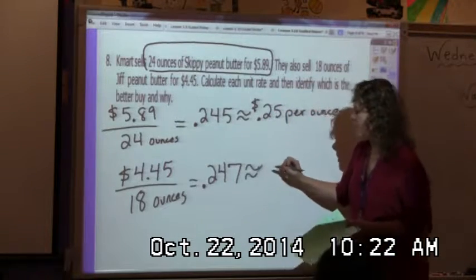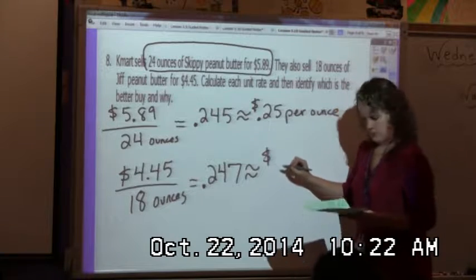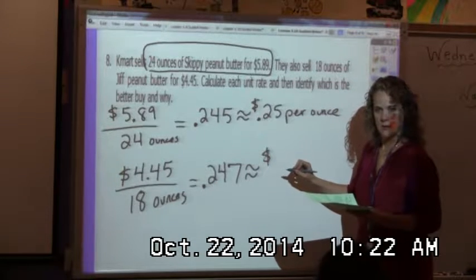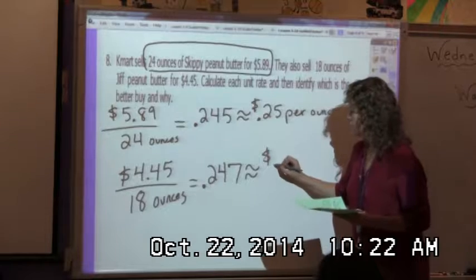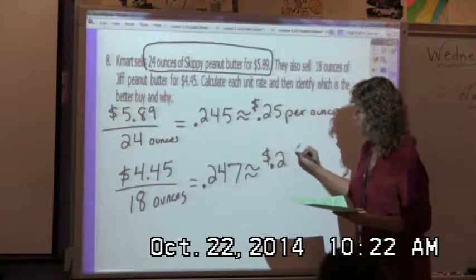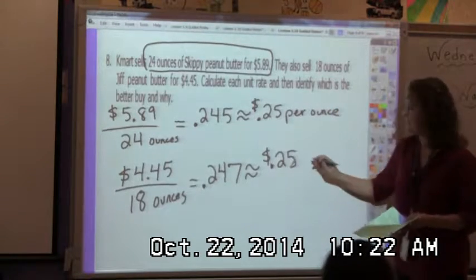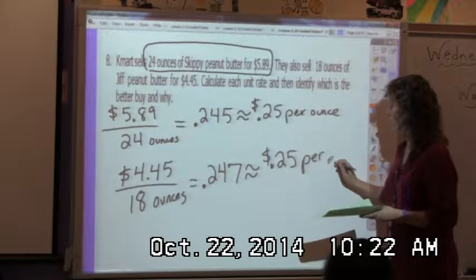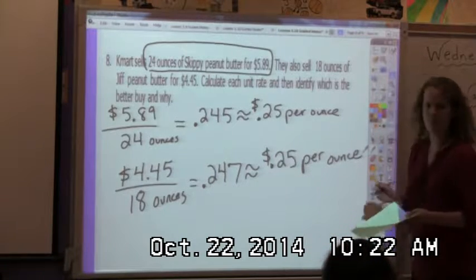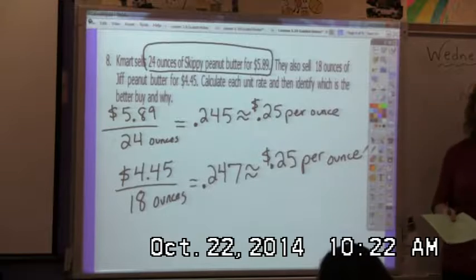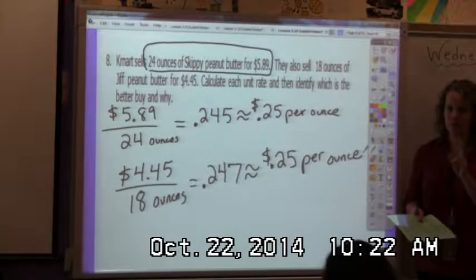Okay, wait. Oh, it rounds. This one rounds to 25 cents per ounce as well. Wait, does that mean the peanut butters are exactly the same price? No, there is a slight difference.